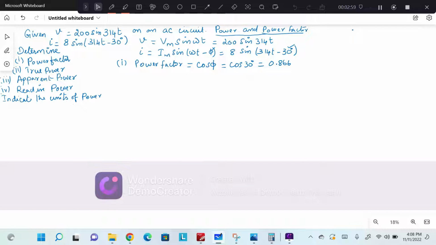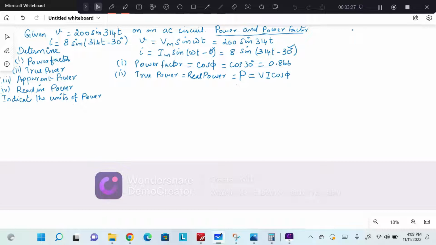Then the next part which is asked is true power. True power can also be called the real power. The real power is usually represented by the letter P and it is given by the formula VI cos phi.